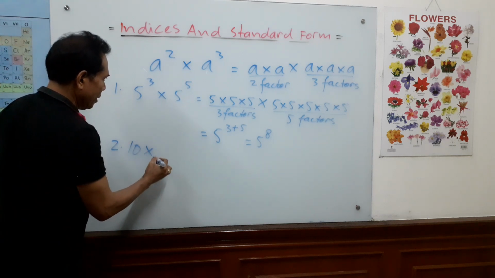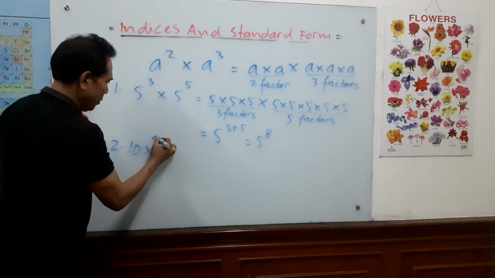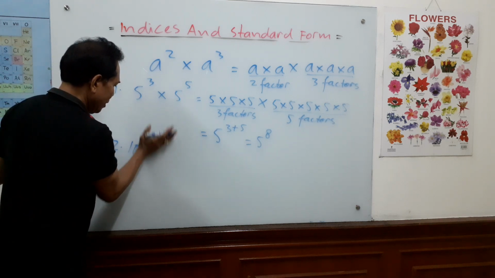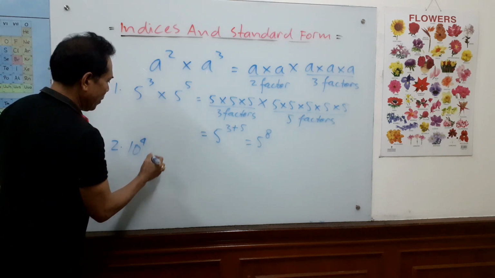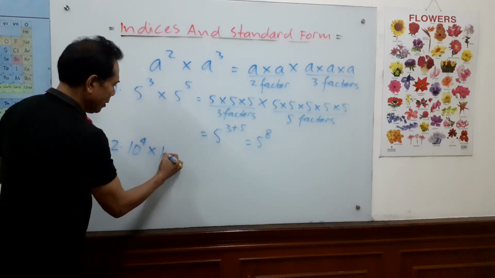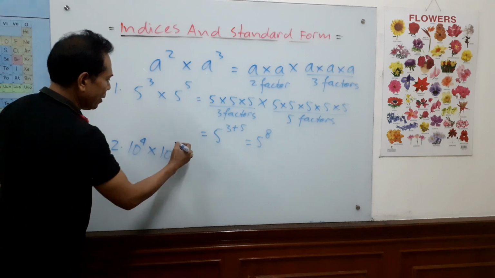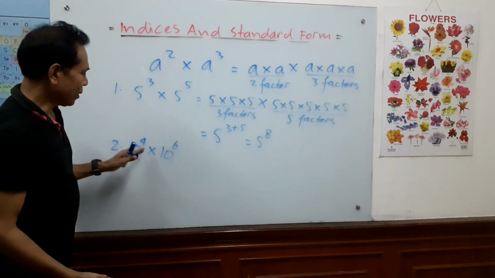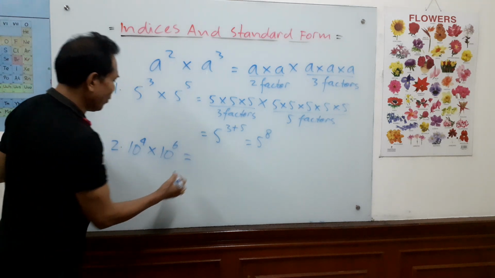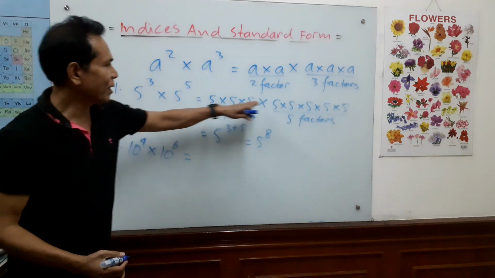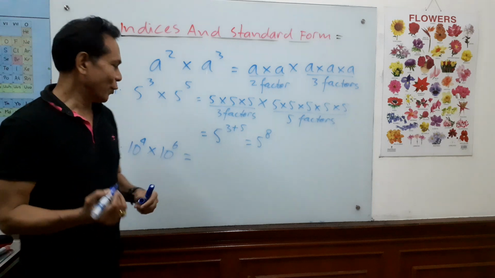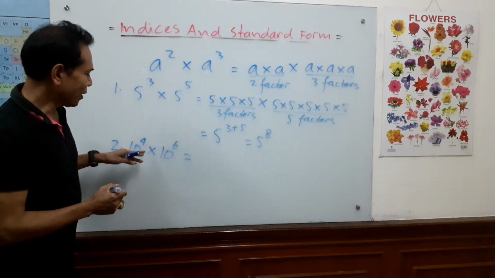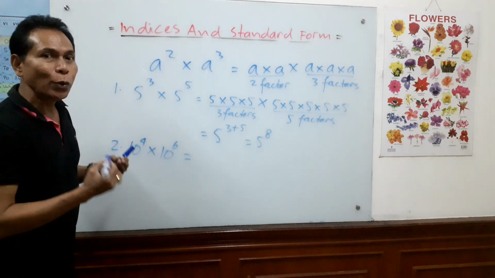10 power 4 times 10 power 6 equals, you can do this the same way, but let's cut it short. Remember, when you multiply numbers like this, you add the powers.